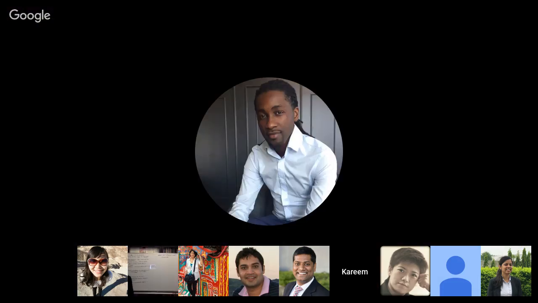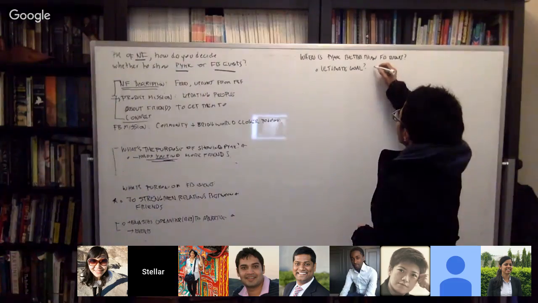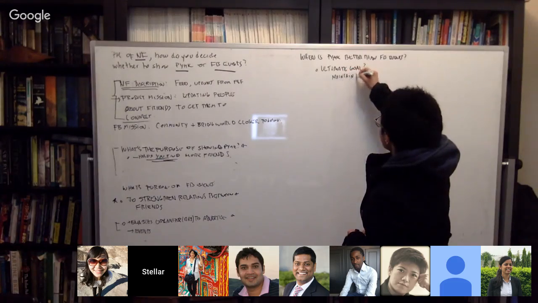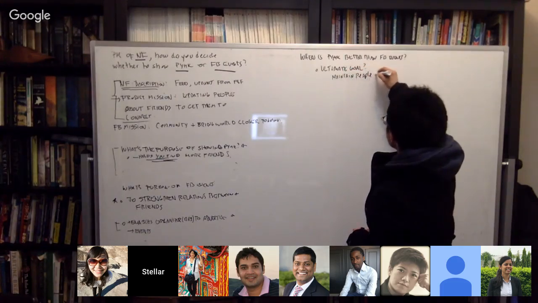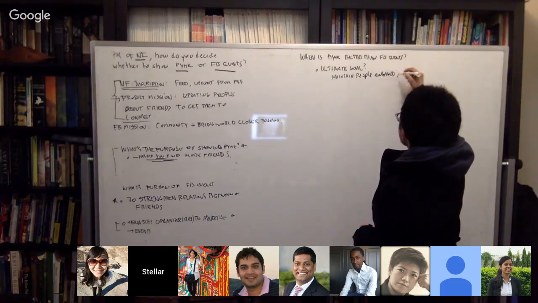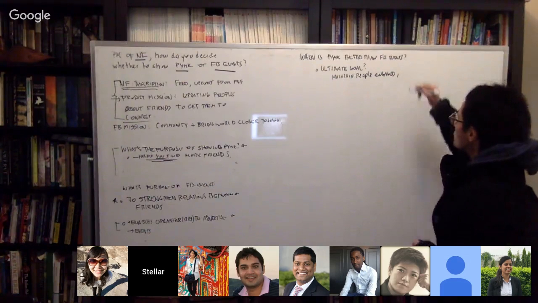I'd say to have people have as many connections as possible and to keep people coming back to the platform as often as possible and spend as long as possible on the platform. Gotcha. So I would say, maintain engagement, right? Maintain people engaged, and return.